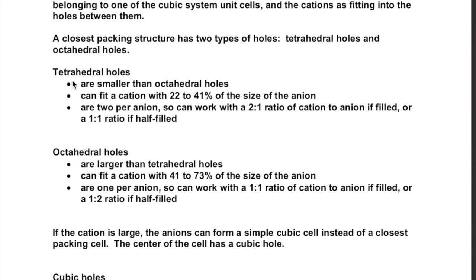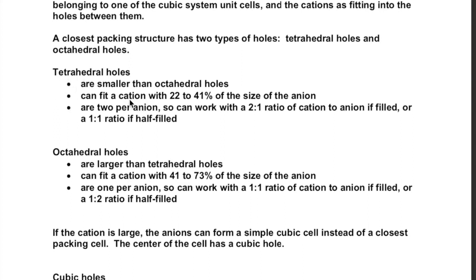Octahedral holes are when the gaps in one layer line up exactly next to the gaps in another layer. So the two tetrahedral gaps are on top of each other and they make more of an octahedral type of gap. So these octahedral holes are larger than the tetrahedral holes, but there are fewer of them. So the tetrahedral holes are smaller.